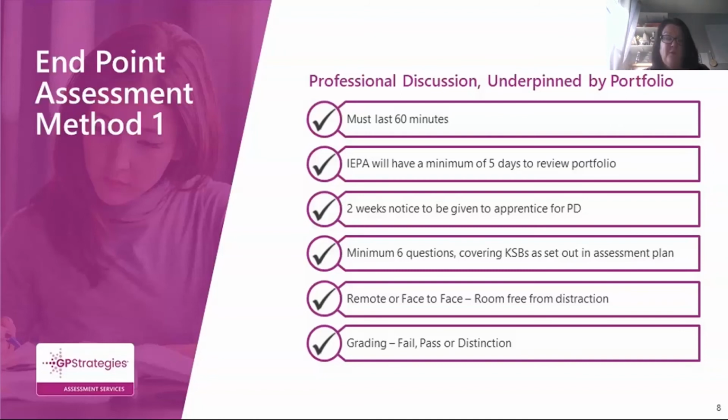The portfolio is assessment method 1, linking to the professional discussion. So look at it as two completely different things. Method 1 is collecting the portfolio, and that will then lead into a professional discussion, linking to the KSBs as set out in the assessment plan.